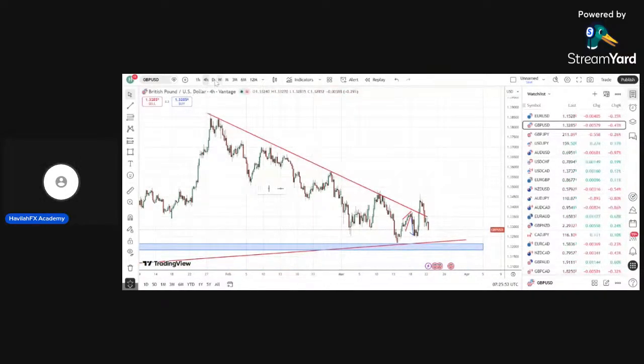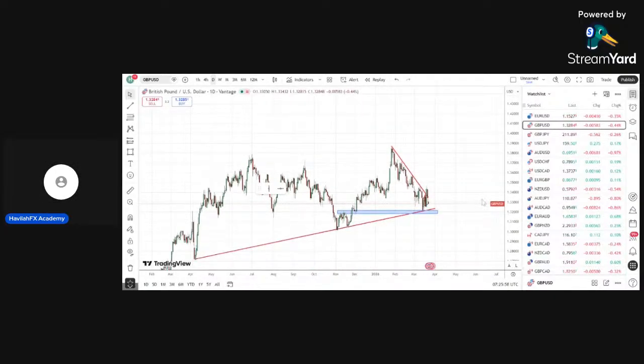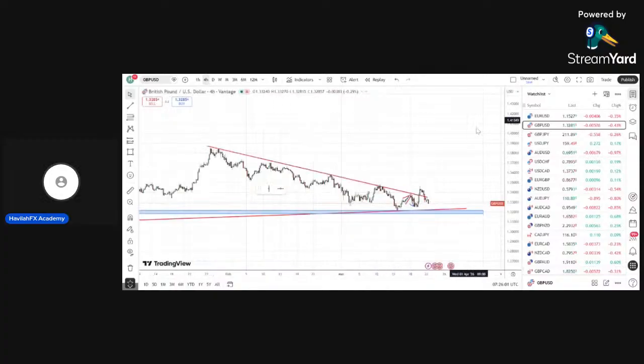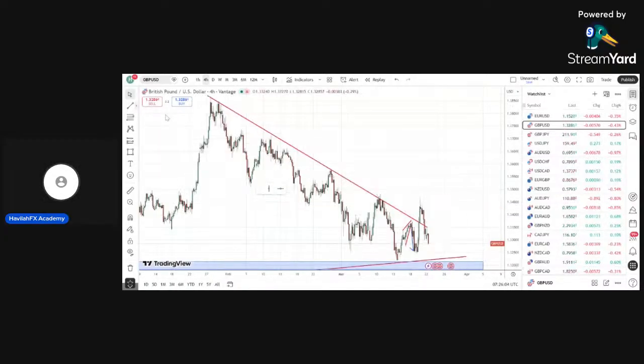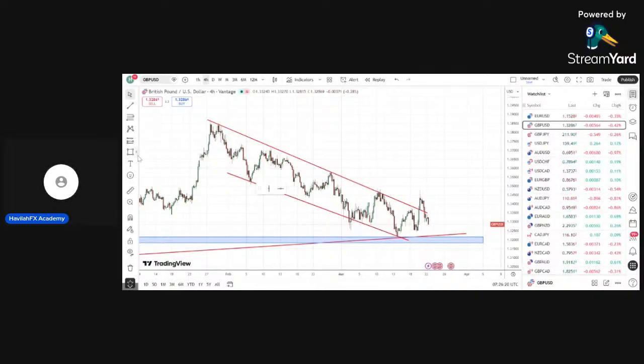You can see I had the previous analysis from last week on the GBP USD, price in an uptrend on the daily time frame, and on the 4-hour, now it's clearer, we have a falling wedge pattern. Again we see the formation of a triple bottom or an inverse head and shoulders, whichever is applicable at the end of the day.